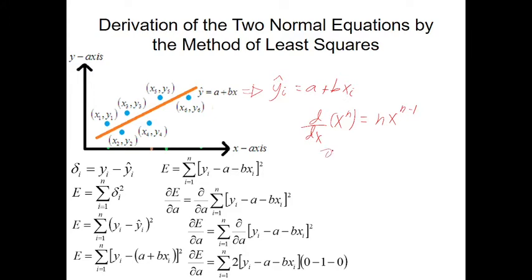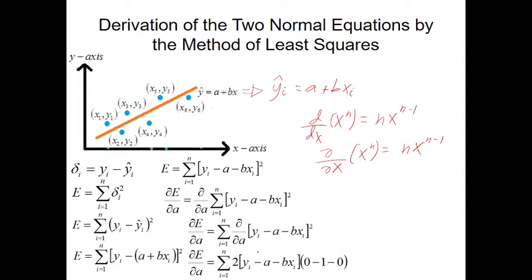So, ganun din. Pareho din pag del symbol ang ginamit natin. Okay? Ganun pa rin naman. Partial derivative. Ito, ordinary derivative. Ito, partial derivative. Okay? So, in this case, meron tayo bring down 2, yun yung n.